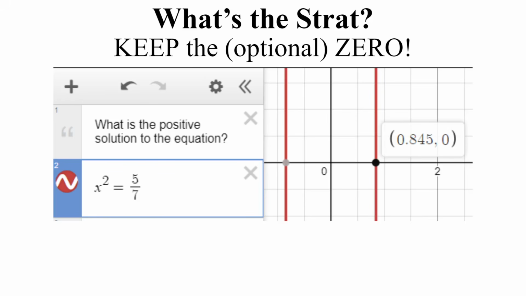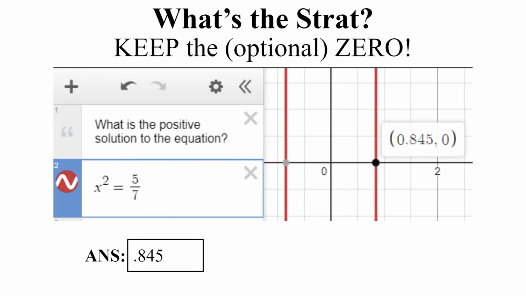But let's just say hypothetically there's a question and you solve it, and the magnitude of the number is smaller than 1. So it has a 0 in front of it. So if you put .845, that would be wrong, because .845 is not rounded or truncated to 5 characters.